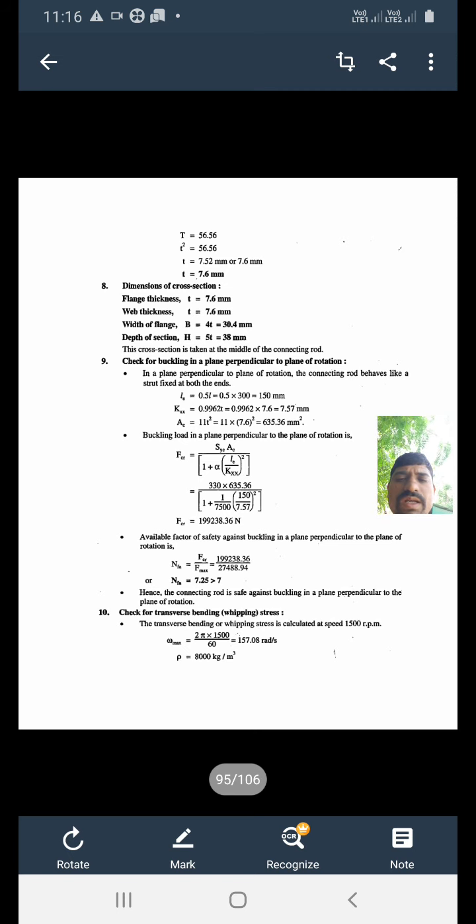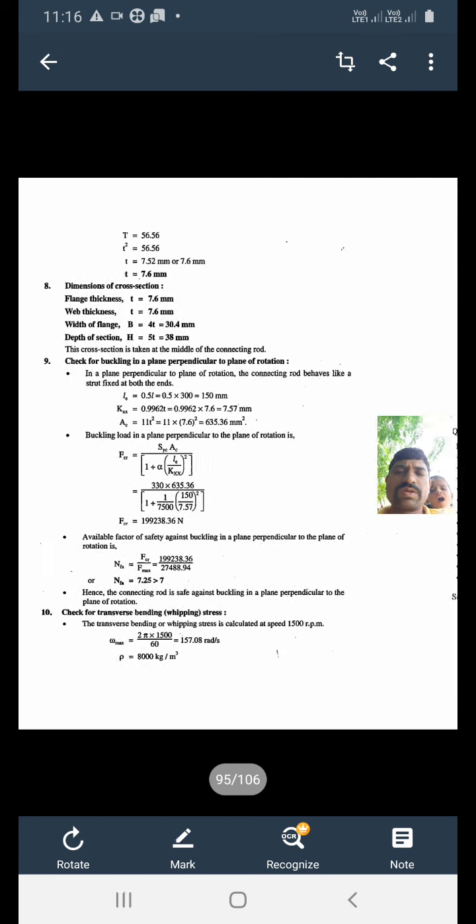If you take the ratio, the available factor of safety against buckling in the plane perpendicular to the plane of rotation is FCR divided by Fmax, and you will get 7.25. 7.25 is greater than 7. Hence the connecting rod is safe against buckling in the plane perpendicular to the plane of rotation.